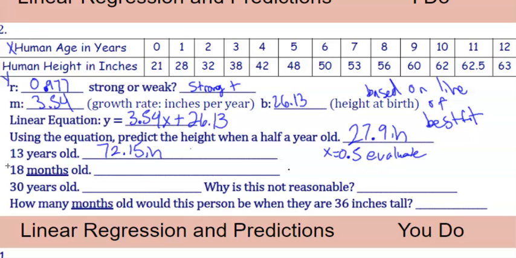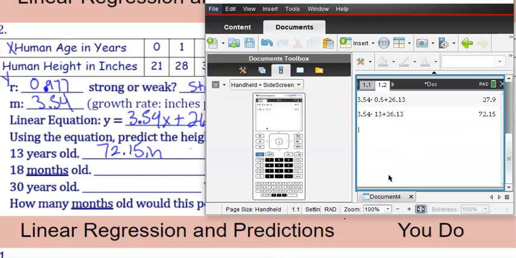18 months old. That's going to be 1.5 for x. So go up, highlight it, press enter, and then change that 13 to 1.5. So 31.44.